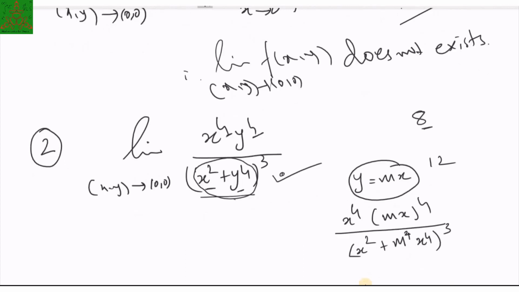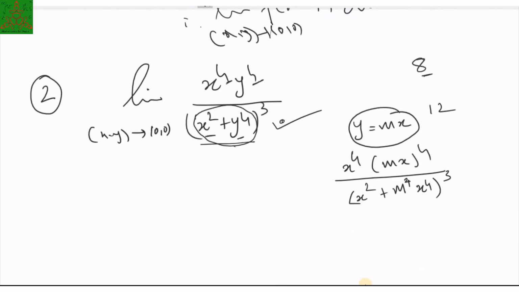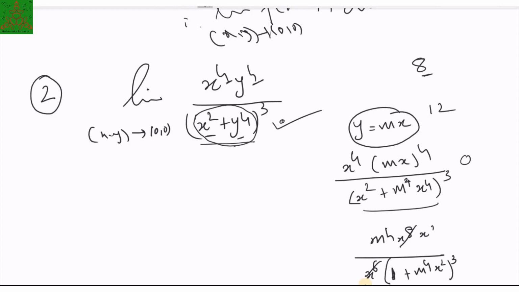In the numerator you will have m power 4 x power 8, and in the denominator x power 6 will be common out. You will have 1 plus m power 4 times x square, whole cube. Now this x power 6 will cancel out, leaving x square, and if you take the limit x tends to 0, this will have the answer 0.